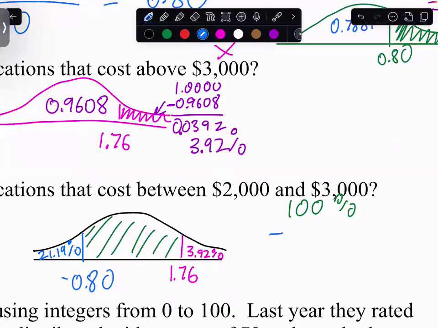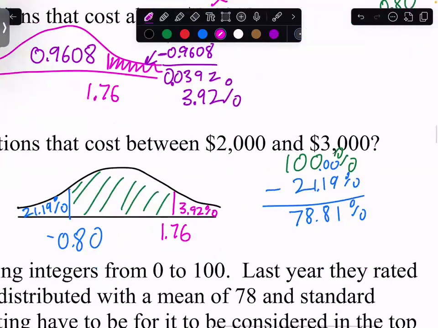If you subtract away the blue portion, you have 78.81%. And then now if you subtract away the pink portion, you're left with 74.89%.